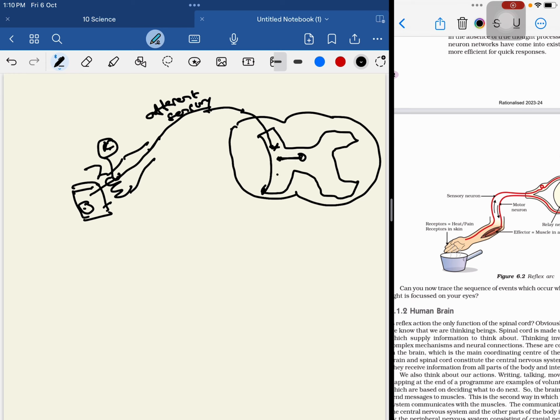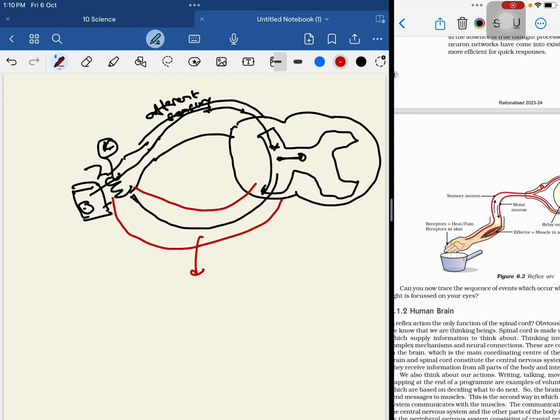From the spinal cord itself the efferent comes out. This is efferent, also called output. What goes in is input, coming in is input and going out is output.